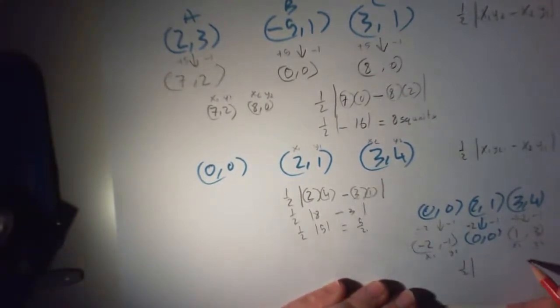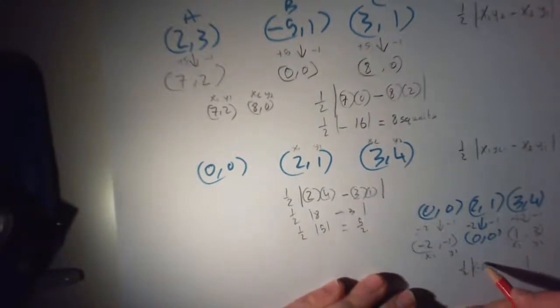So that's x1, y1, x2, y2. Half x1, y2 minus x2, y1. So that's half minus 2 by 3 is minus 6 plus 1.